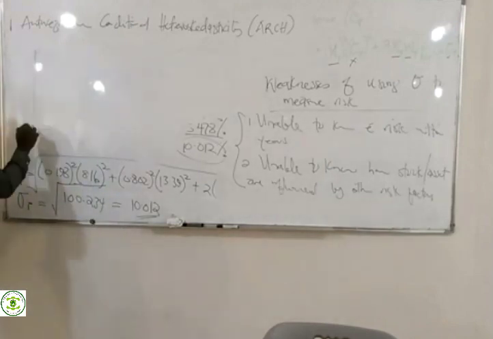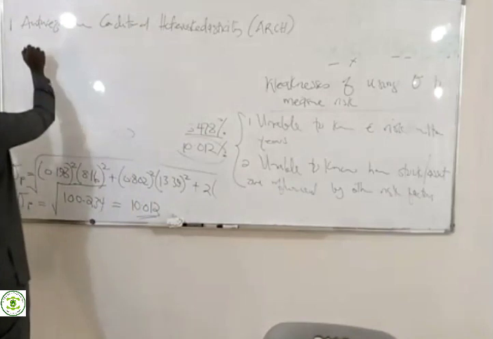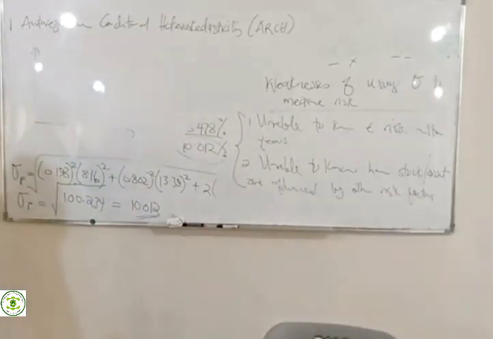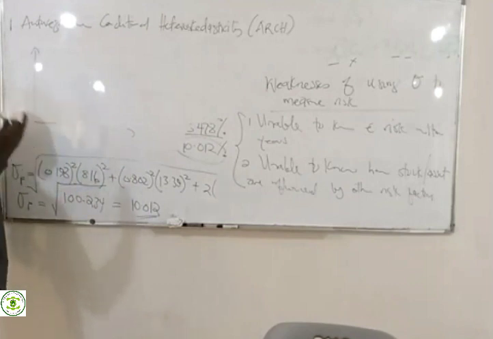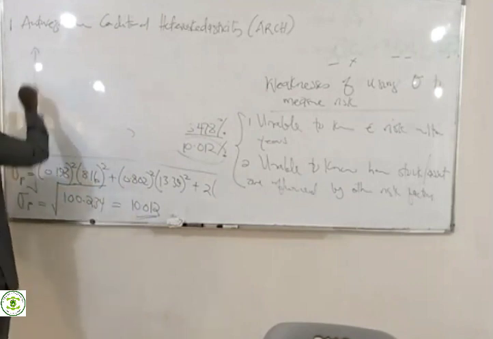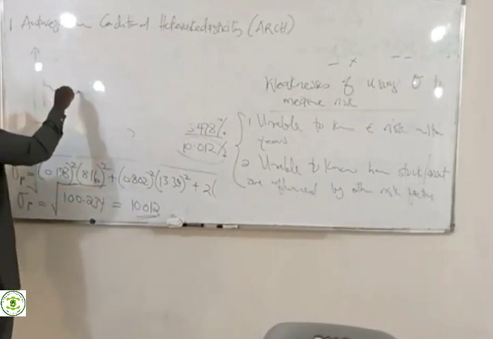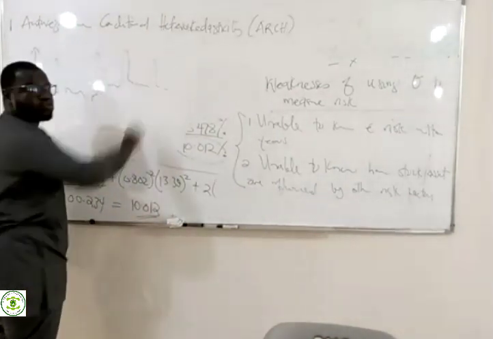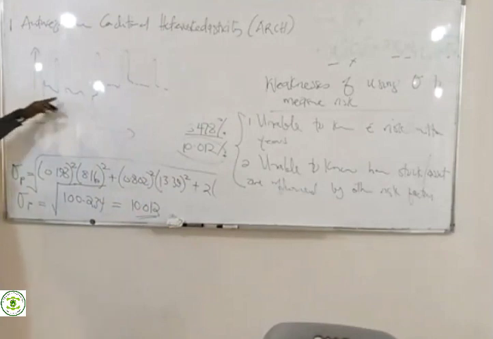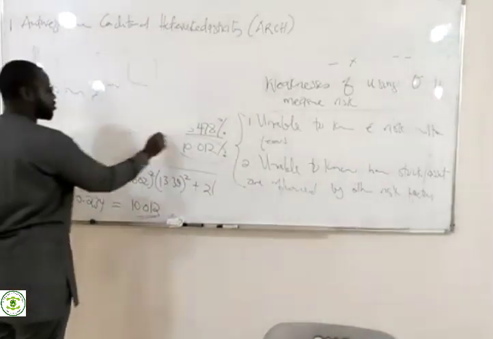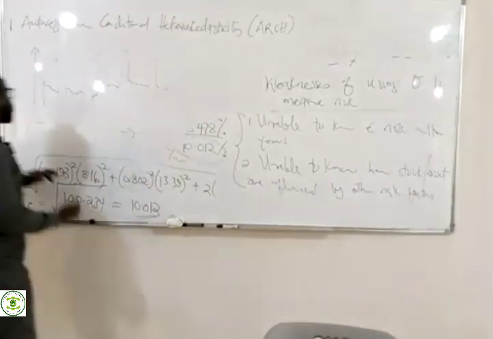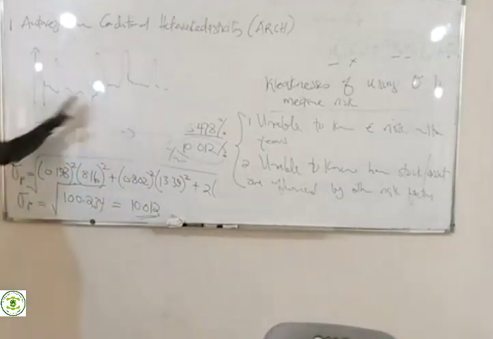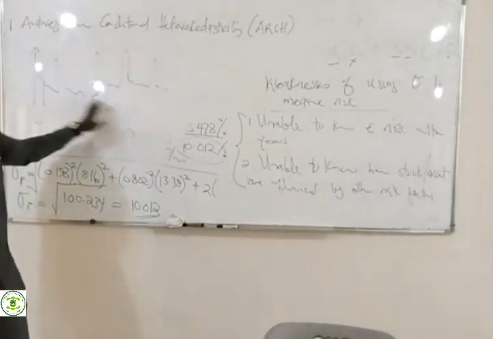For instance, when you look at the Ghana Stock Exchange and the rest, you will find a trend like this. Are we together? This particular trend that you are seeing is called volatility.